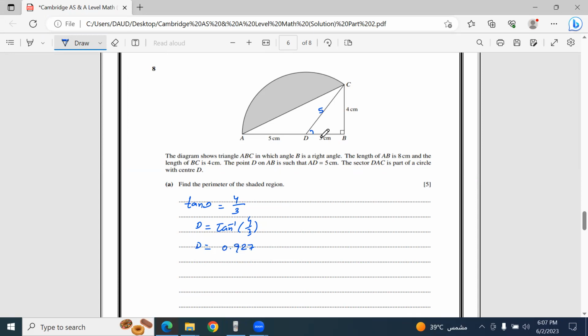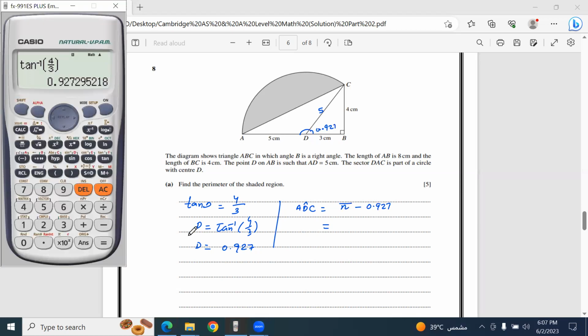This will help us. If this angle is 0.927, then the total angle on a straight line is 180 degrees, or pi in radians. So angle ADC is equal to pi minus 0.927.